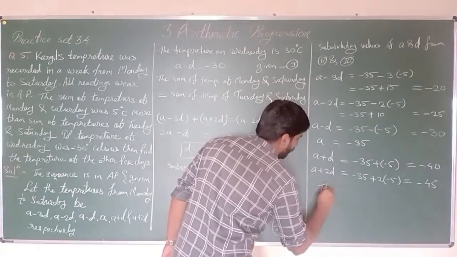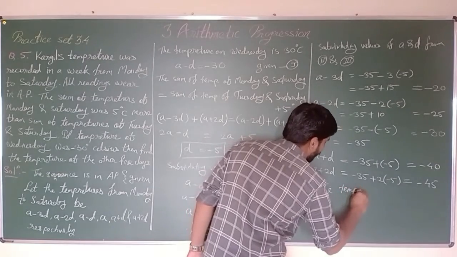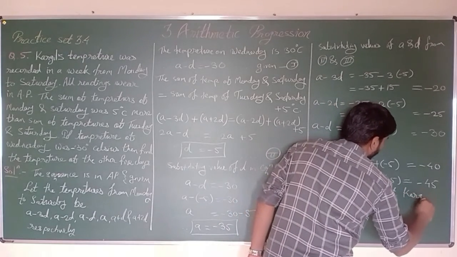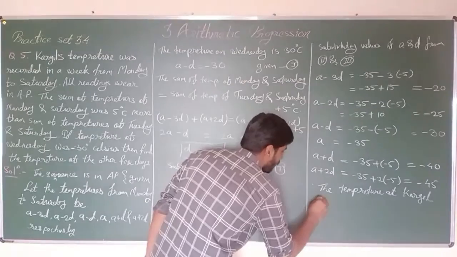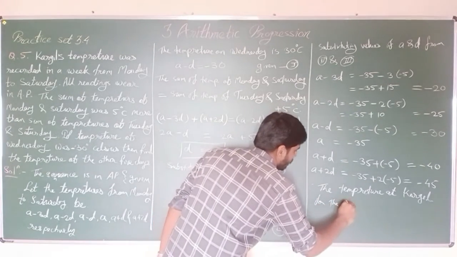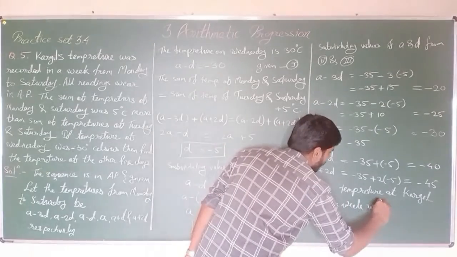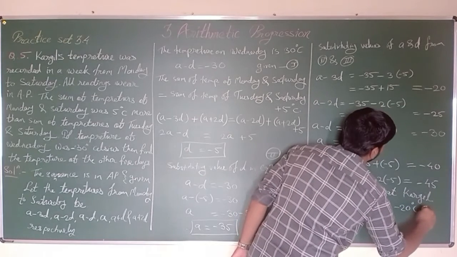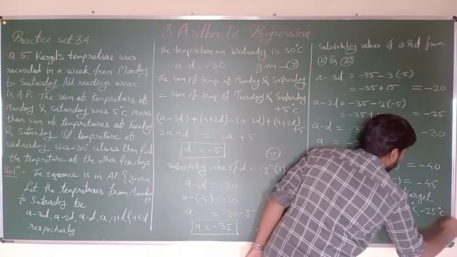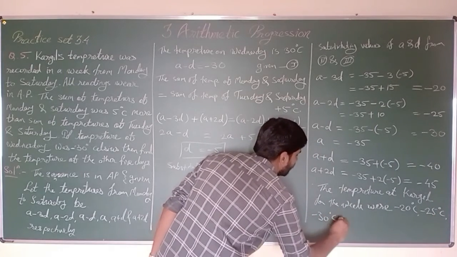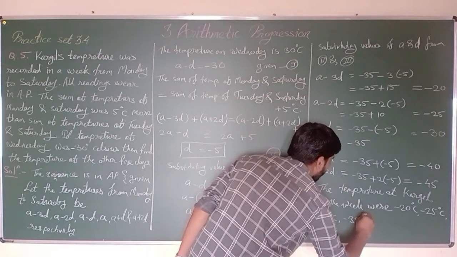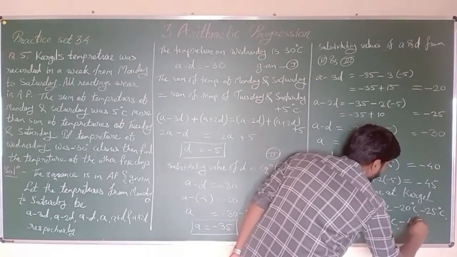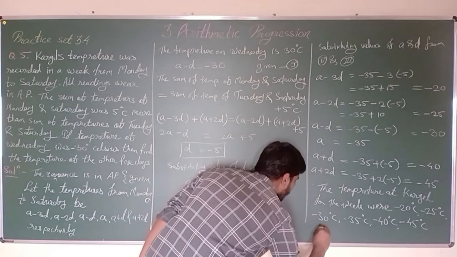Therefore, the temperatures at Kargil for the week were negative 20 degrees Celsius, negative 25 degrees Celsius, negative 30 degrees Celsius, negative 35 degrees Celsius, negative 40 degrees Celsius, and negative 45 degrees Celsius respectively.